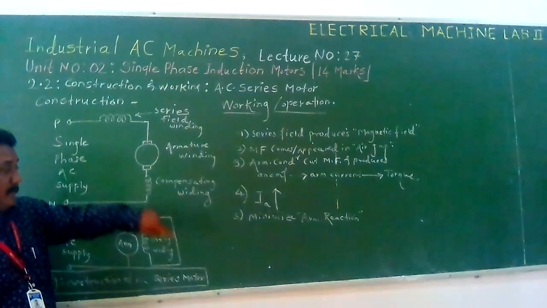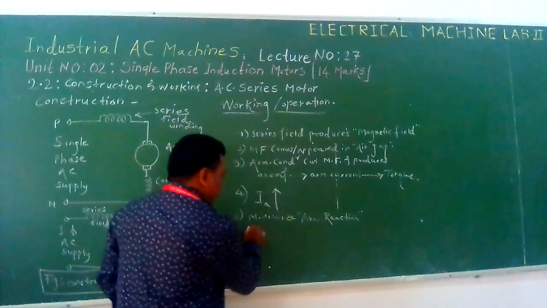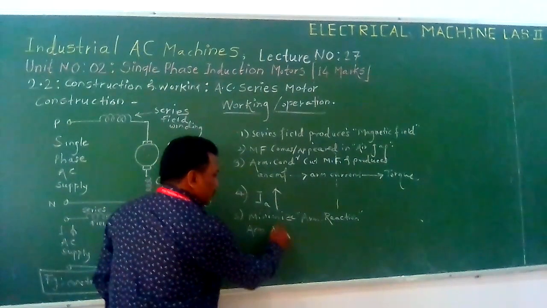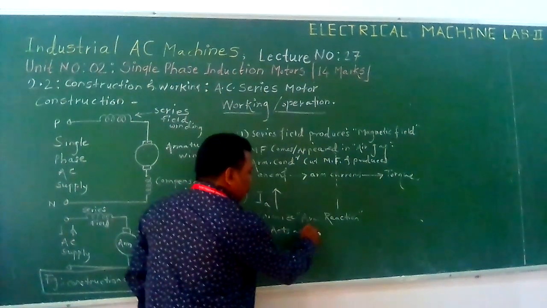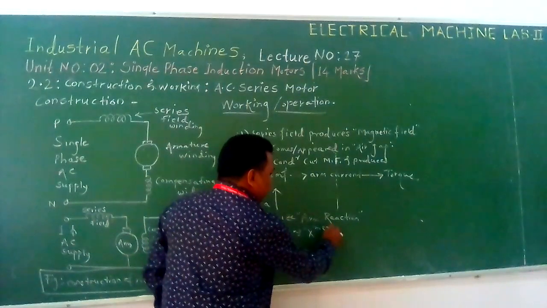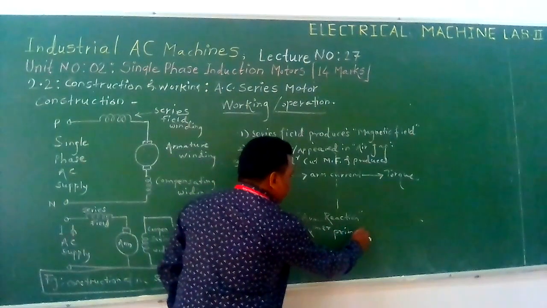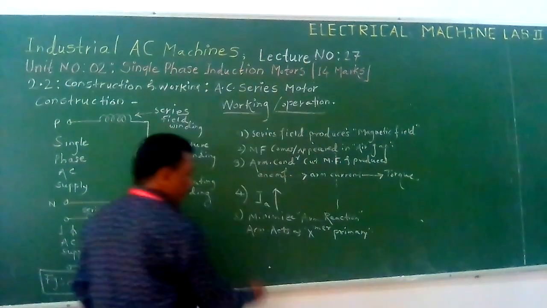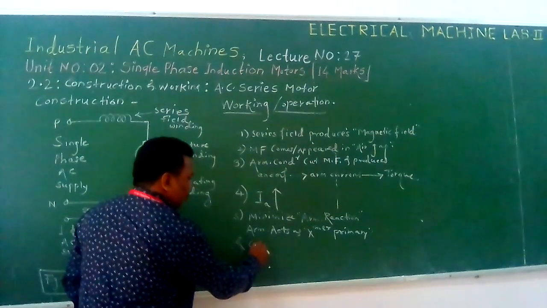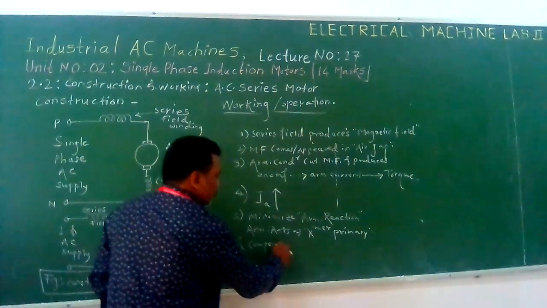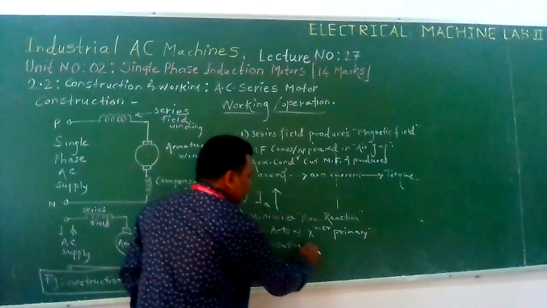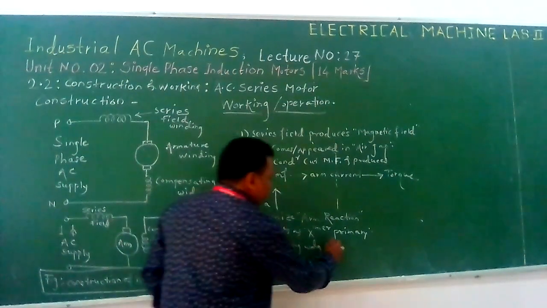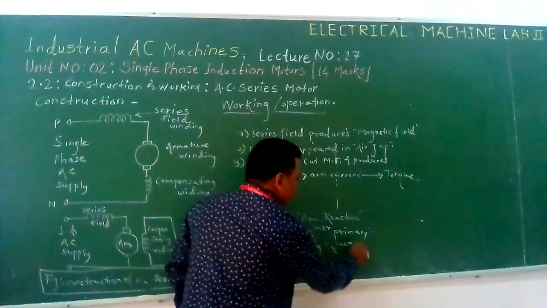So it minimizes armature reaction. The armature acts as the transformer primary and the compensating winding as the transformer secondary.